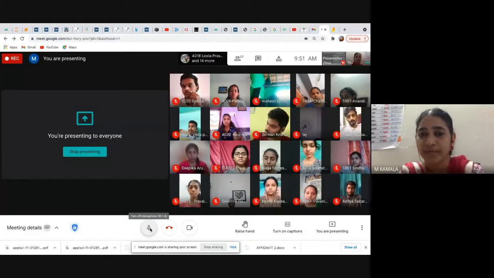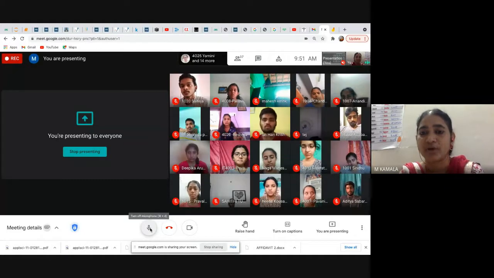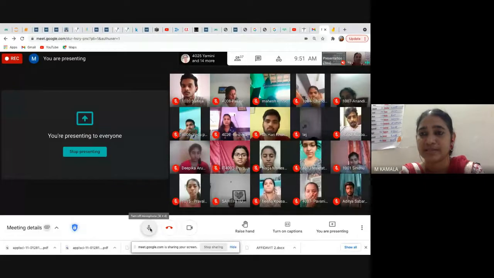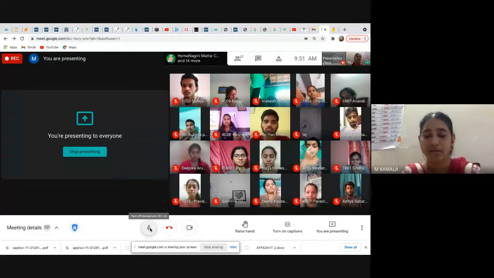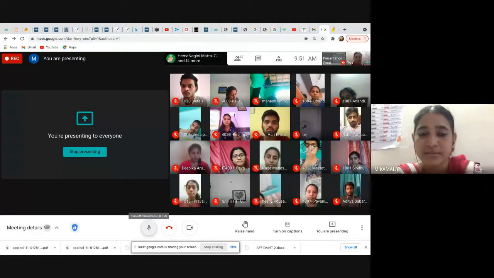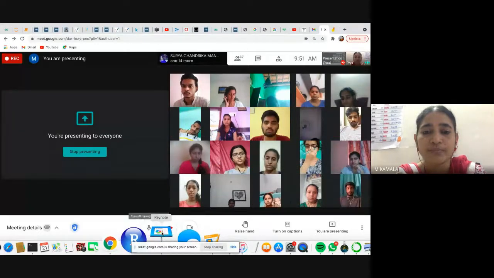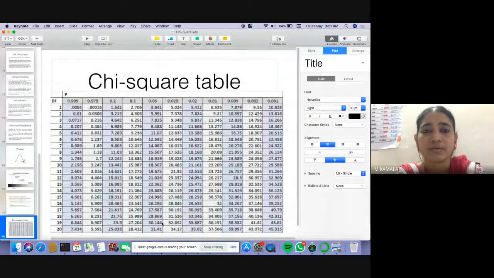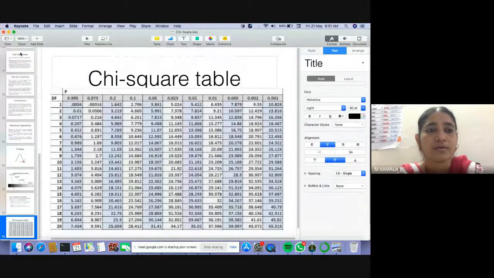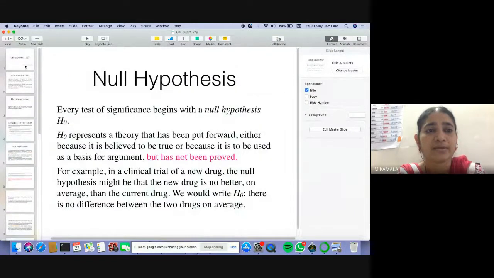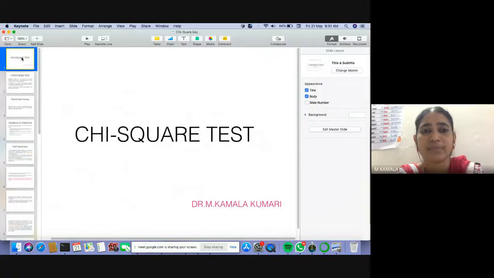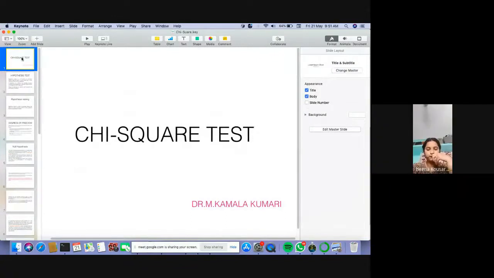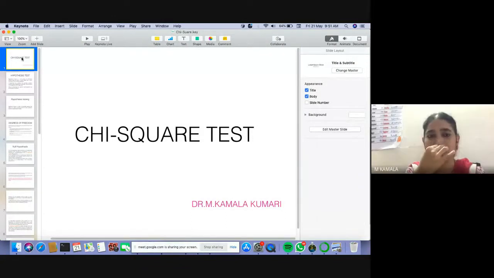We are yet to see the probability values, the p value, and what this chi-square notation is. Can you see my PPTs? Yes, ma'am. So we will see only the definitions here in this chi-square test. Mute your systems.